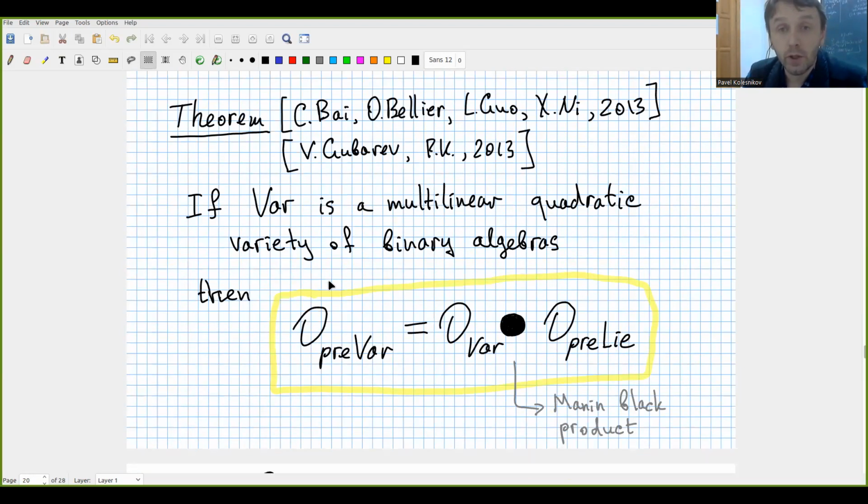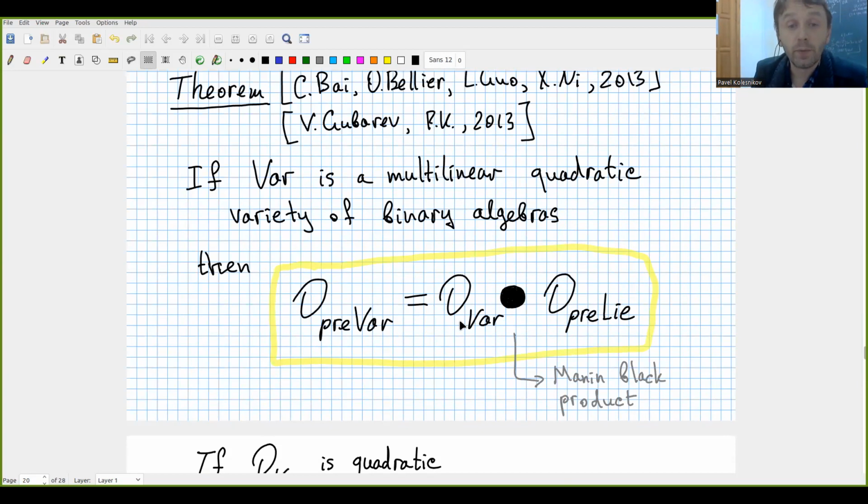It was proved almost simultaneously by Bai, Guo, and me, and Kolesnikov and myself, that the operad governing the dendriform splitting for a multilinear but quadratic variety is actually defined by the Manin black product of the initial operad and the operad governing pre-Lie algebras, those Vinberg, Koszul, Gerstenhaber algebras.